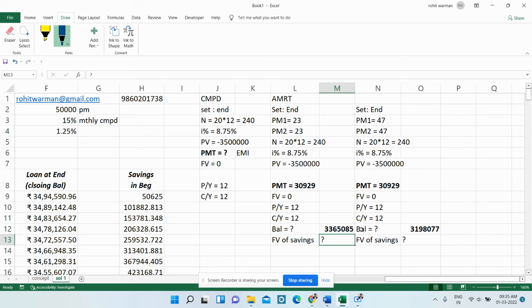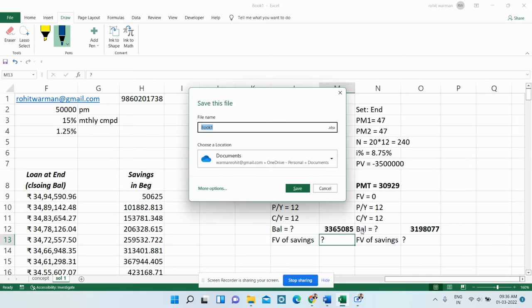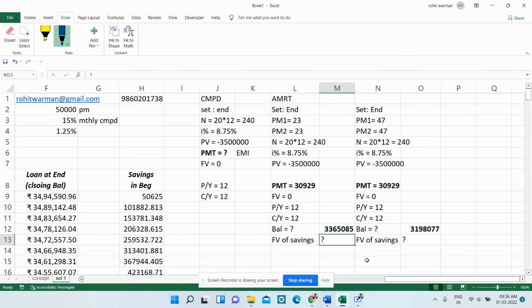Any question on this part? Let me know, please. I know in the calculator it can be somewhat tedious, but on this trial and error basis, you have to find where your future value of savings should match or somewhat exceed the balance outstanding.